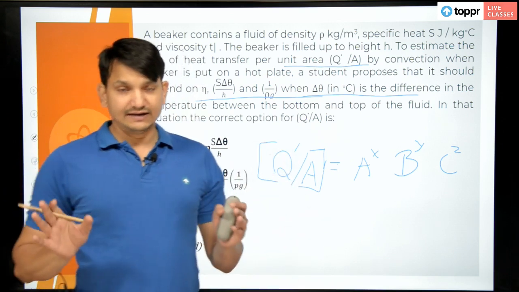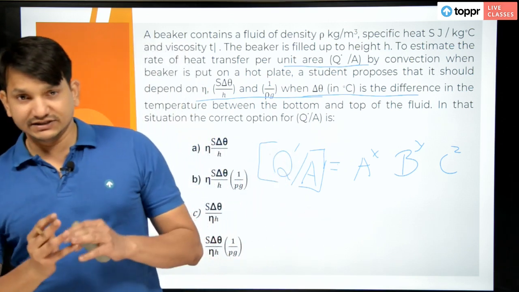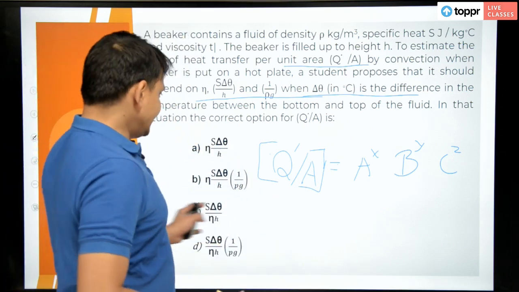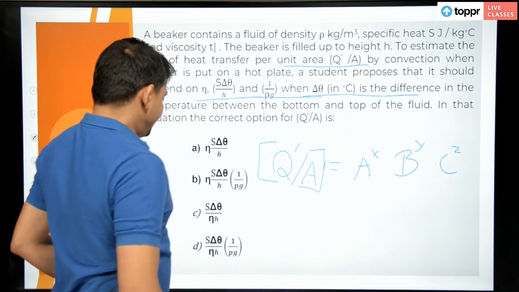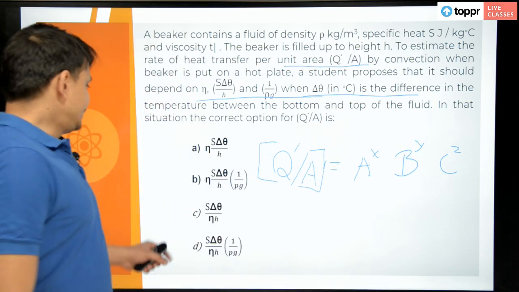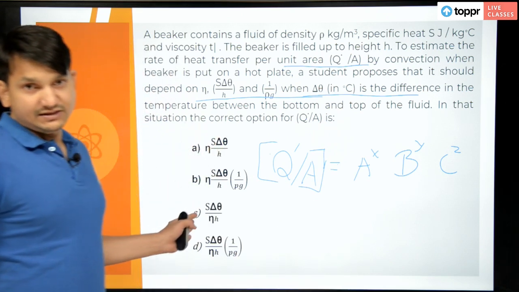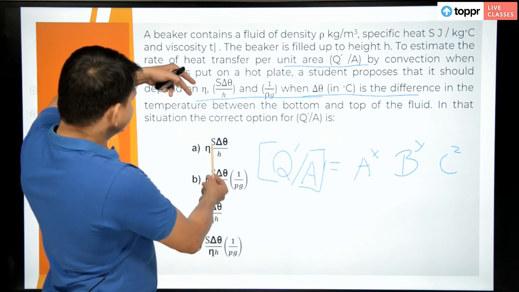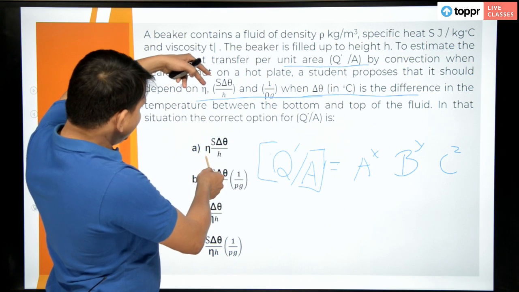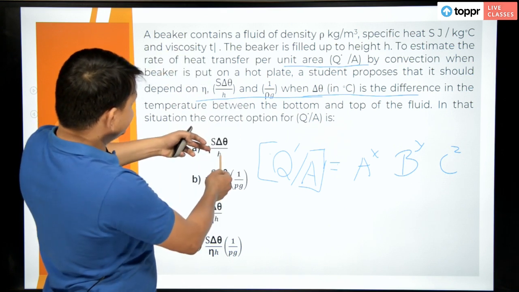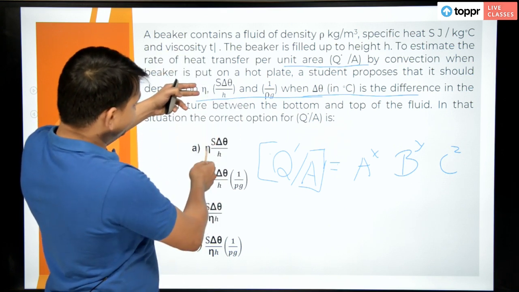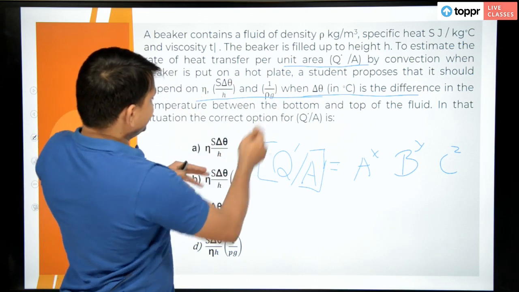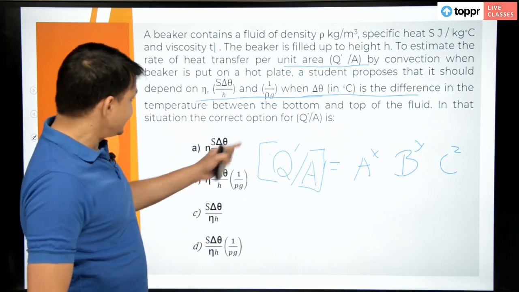You can solve that and find the values of x, y and z, and by doing that you will come to know which is the right answer, because the first option is giving eta to the power 1, this quantity to the power 1 and this quantity to the power 0, that is why it is not included.